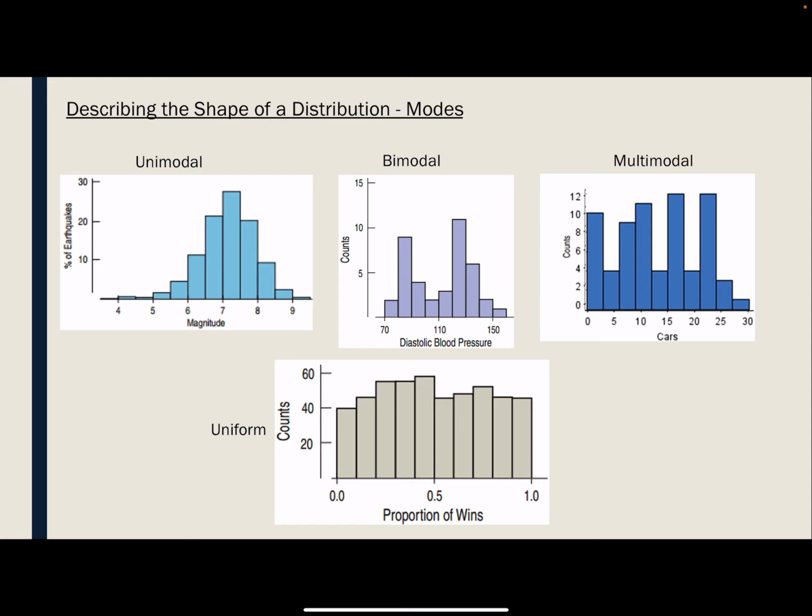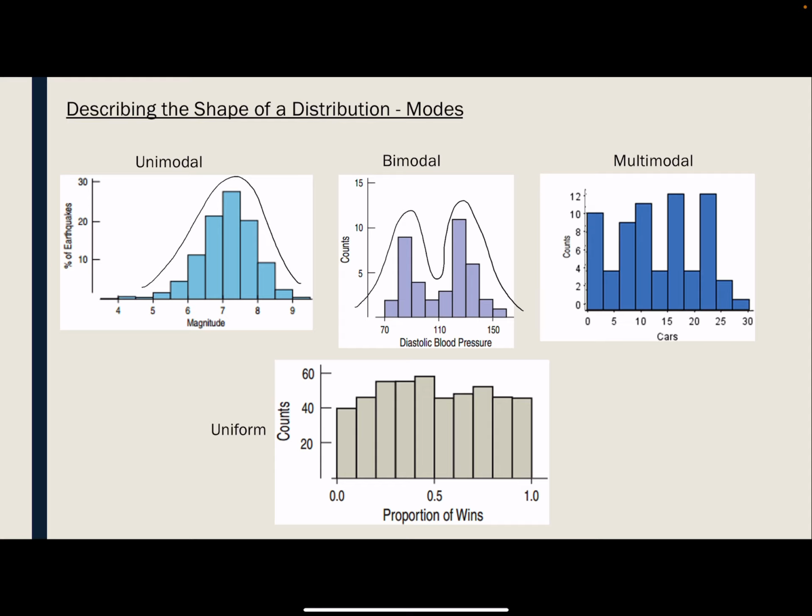We also want to talk about the modes of a distribution, meaning the humps that you see in a histogram. So this first one is unimodal, because for the most part, there's just kind of one general hump. I always think, like, if you squint your eyes really hard, how many of these humps are you going to see?